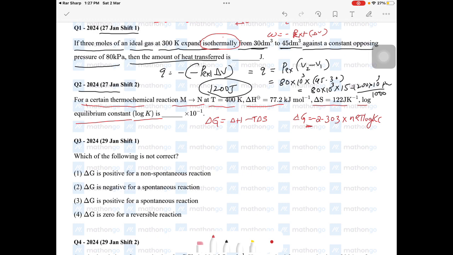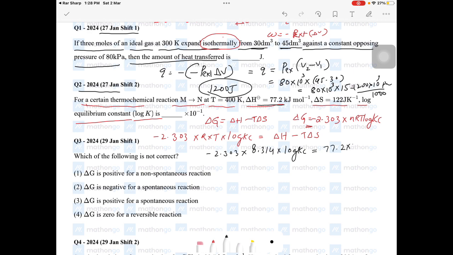Substitute this one in this, then minus 2.303 into n value 1 RT into log Kc is equal to delta H minus T delta S. Substitute the values, minus 2.303 into R value 8.314 into log Kc is equal to delta H value they gave, 77.2 kilojoules, converts to joules, into 10 to the power of 3 or into 1000.